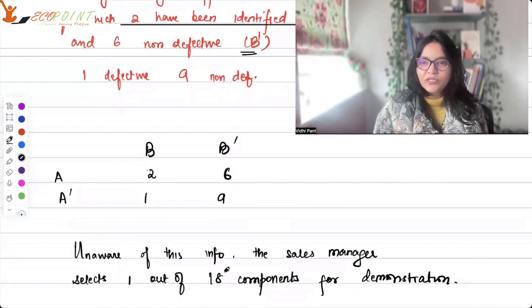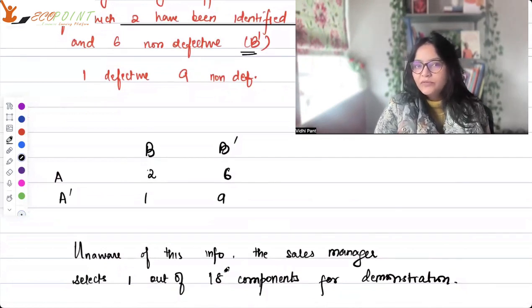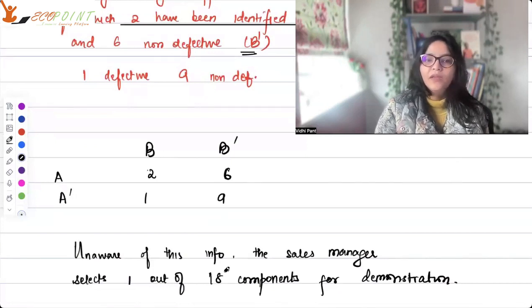Suppose the sales manager is not aware of all this information about the defective, non-defective information. Unaware of this information, the sales manager selects 1 out of the total 18 components. If you notice, there are 18 components, 8 from A and 10 from A dash.